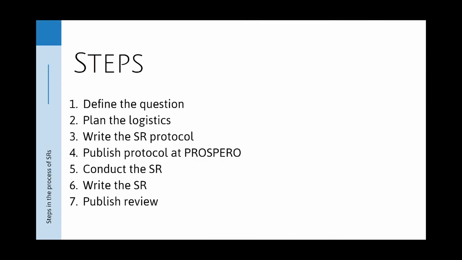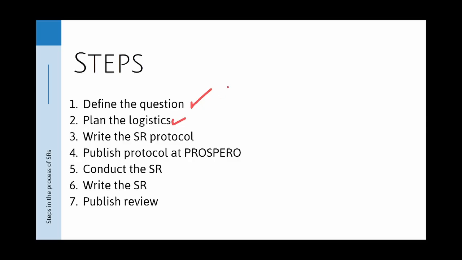Okay, now I am going to talk about the steps in the process of a systematic review. Well, these are the basic steps. Probably the systematic review is more complex than this, but first you start by defining the review question. The review question is like the start of everything, and for that reason I'm going to talk more about the review question or the research question in the next video. And then with that you plan the logistics.